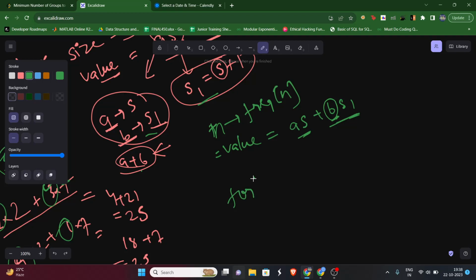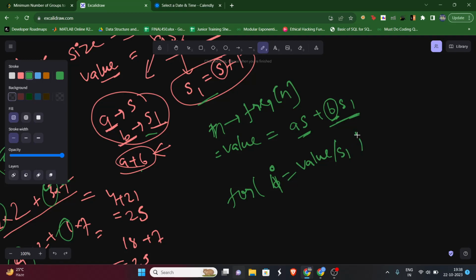I can simply run a loop for b equal to whatever value you want. We can start from 1, or it's better to start from value upon s1.